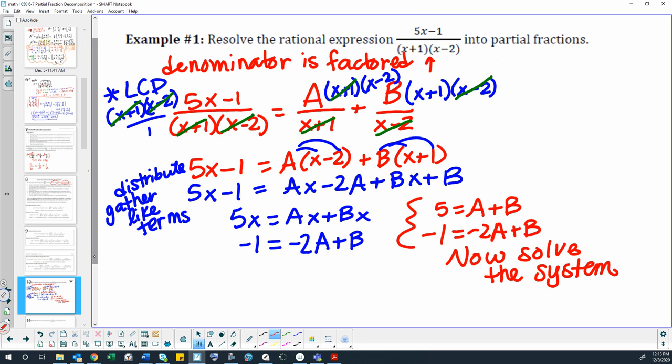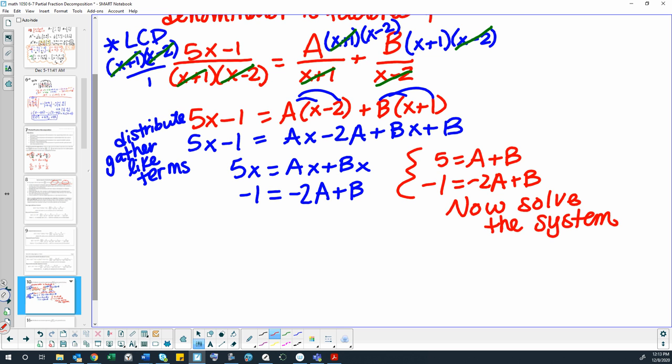Let's look at the way that I like better, because then you don't really have to do this solving stuff at the end. So here's a different method. I'm going to call this the convenient x method.